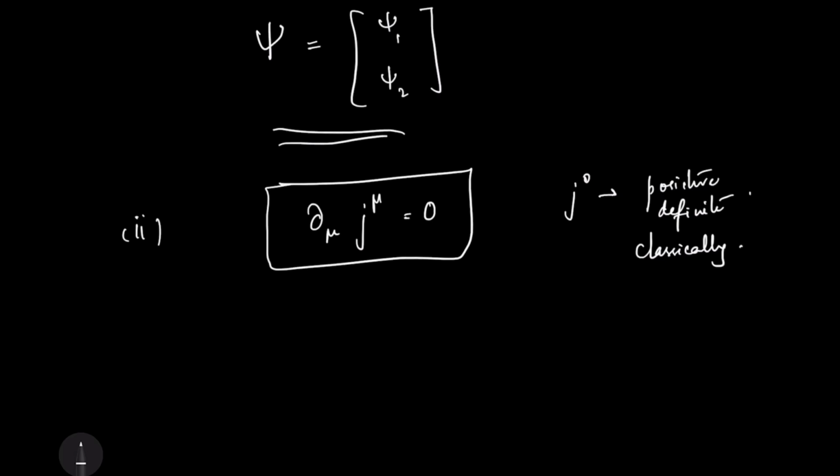So from the Dirac equation we can derive an equation for the conserved current such that the 0th component J0 will be a positive definite quantity classically. Fine.